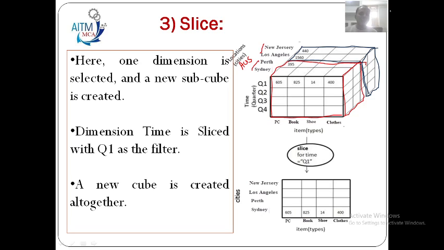Dimension time is sliced here. In this example, time is sliced with quarter 1 as the filter. See here now what they did: they have taken only this first quarter. Let me take a green color.